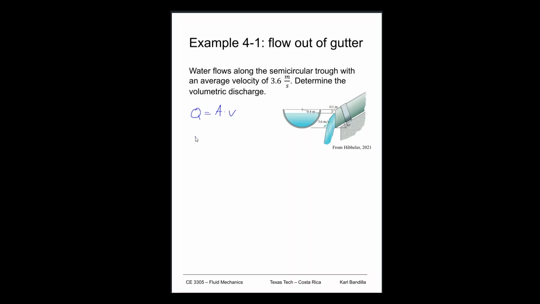So we have a half circle like this, but we only have it partially filled. Now we need to figure out what that area is, and I think what we'll do is divide this into two slices.